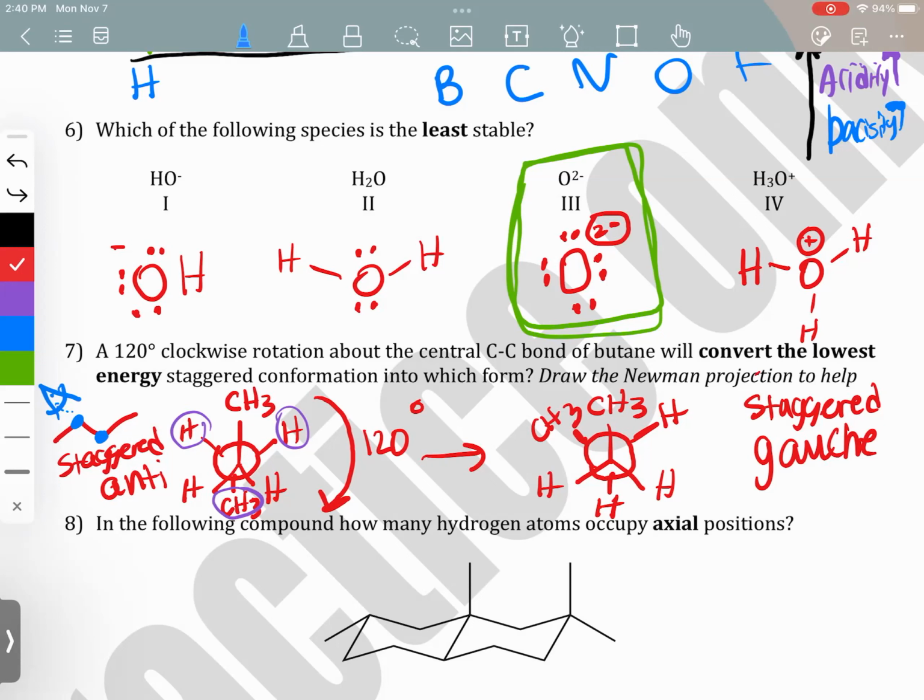It's easier to see than the front, because the front carbon is represented by a small dot, while the back carbon is represented by a huge circle, so it's easier to see the rotation. Okay. So that's the answer to 7 for you. Rotated 120 and converted it into a staggered gauche conformation.